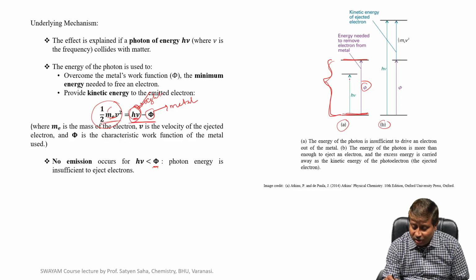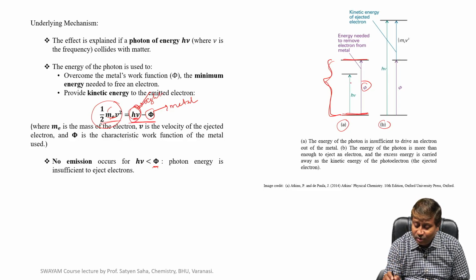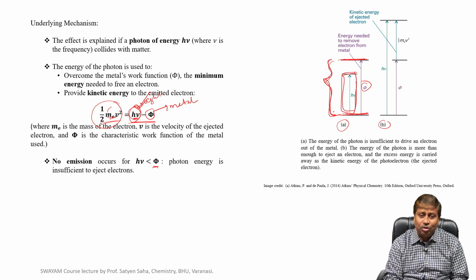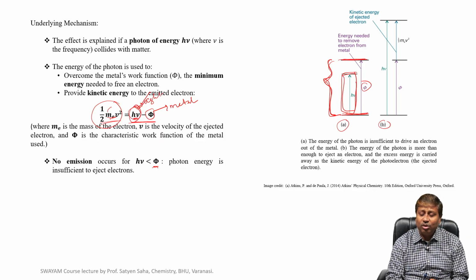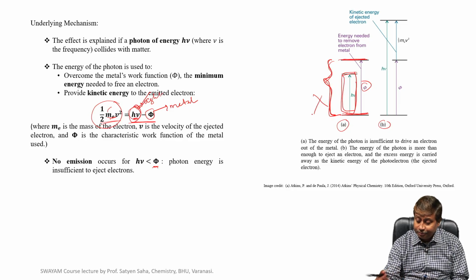Whatever light you are using, its frequency gives an energy smaller than the energy required. So, according to Einstein, nothing is going to happen.